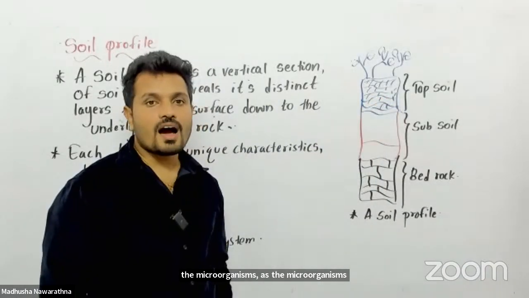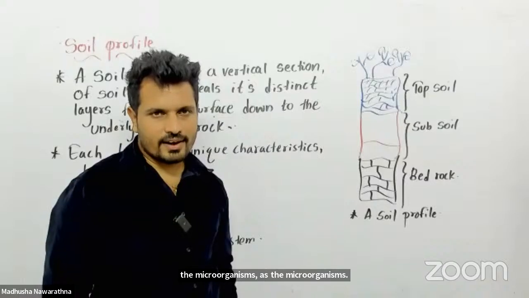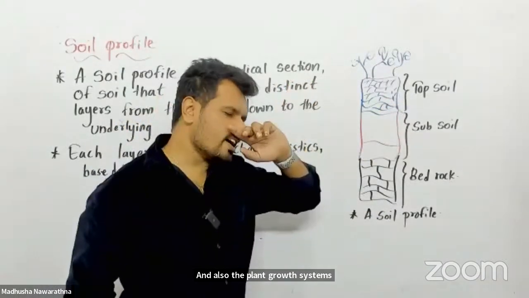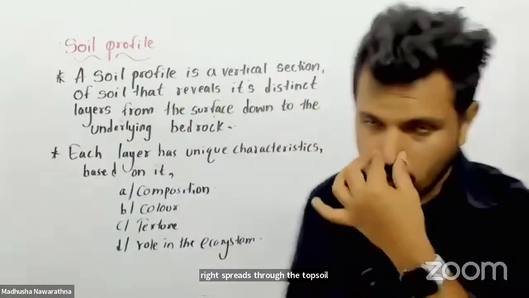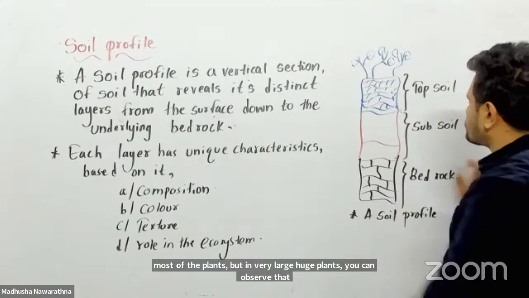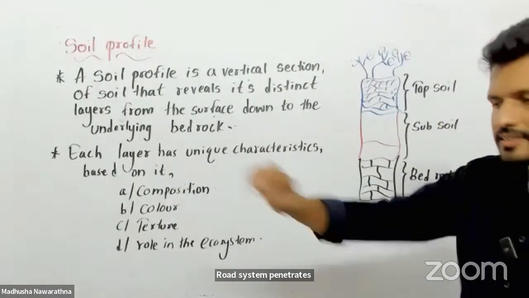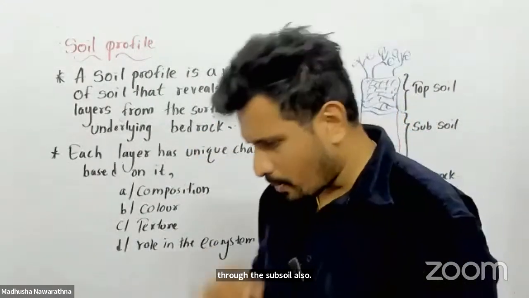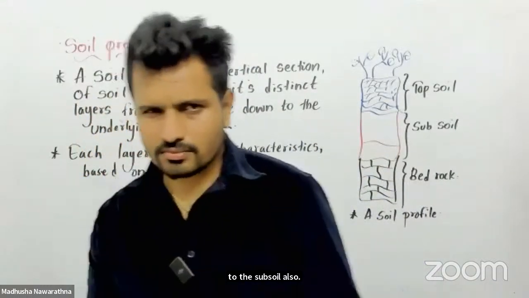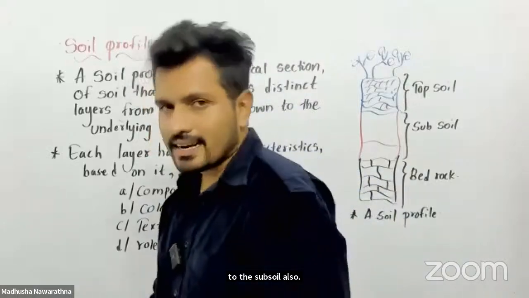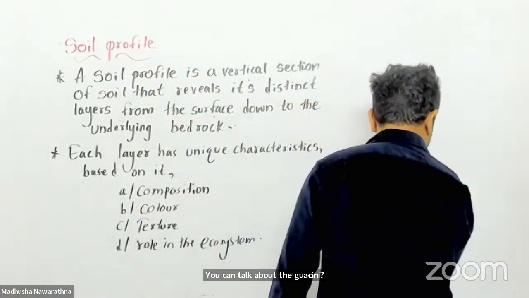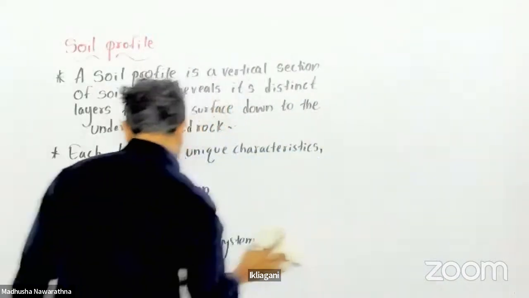And also the plant root systems spread through the topsoil in most plants, but in very large, huge plants the root system penetrates through the subsoil also. Let's write that as a small point too, since it seems important. Let's write that and move on to the next topic. Son, add another star point below the diagram.